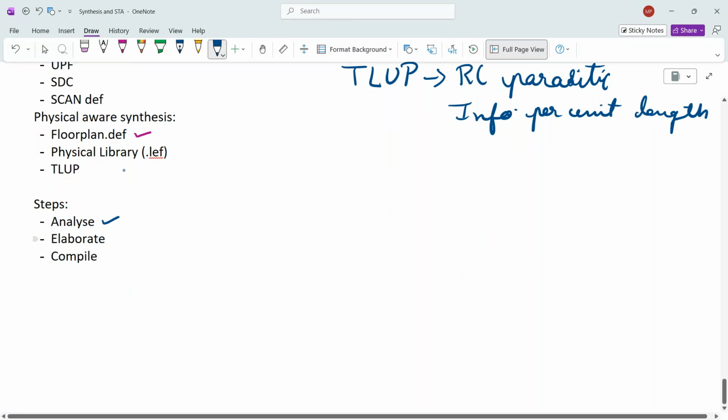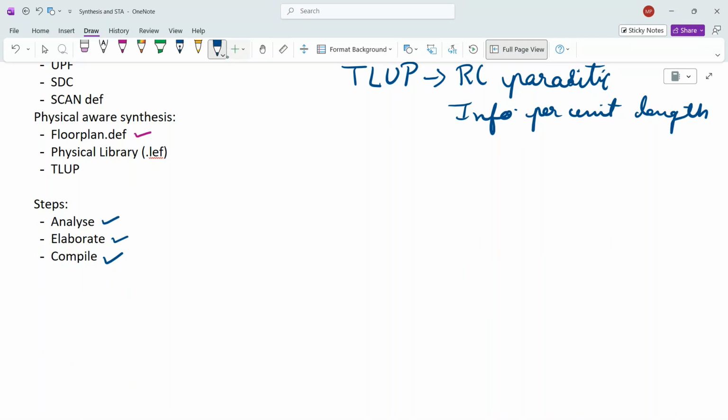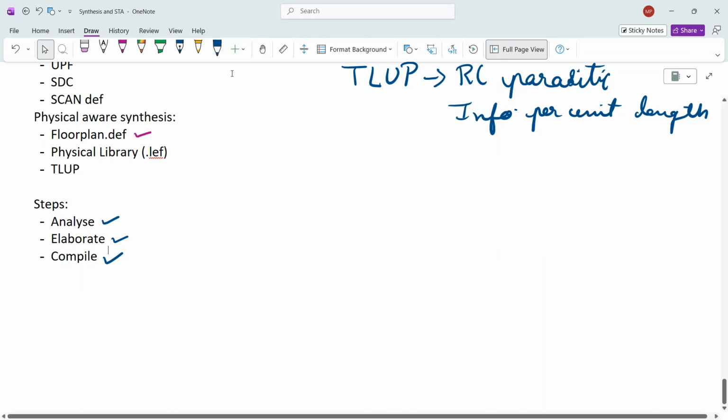In elaborate, there are multiple things happening. In compile, what all things happen? That also we are going to see in detail. Many things are happening under the elaborate stage. And throughout, when these are happening, what are the optimization techniques being followed by the tool? Those are also we are going to discuss.